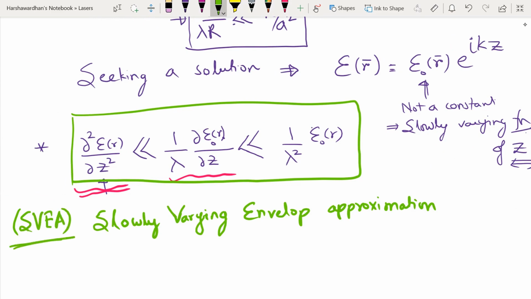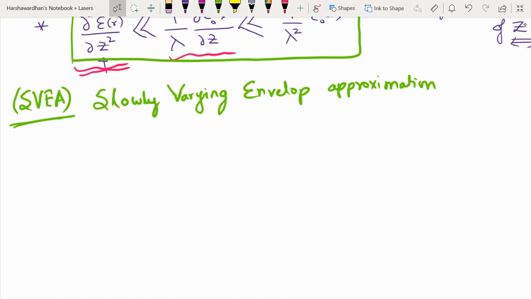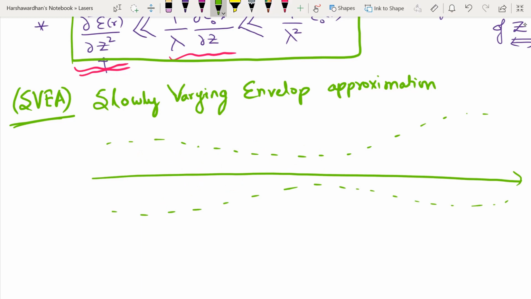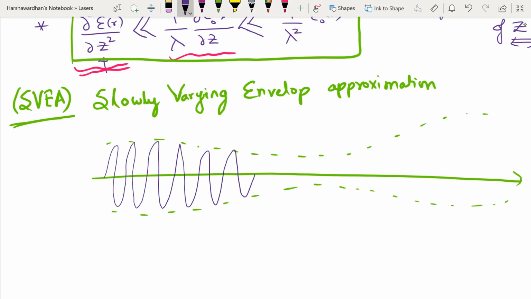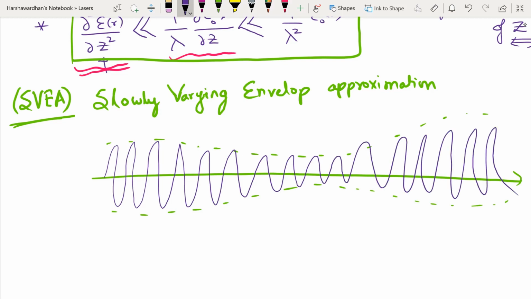right? So let me just pictorially tell you. What one is saying is that I have got a wave. So let me just draw the. What one is saying is that there is hardly any change in the amplitude along a lambda distance.